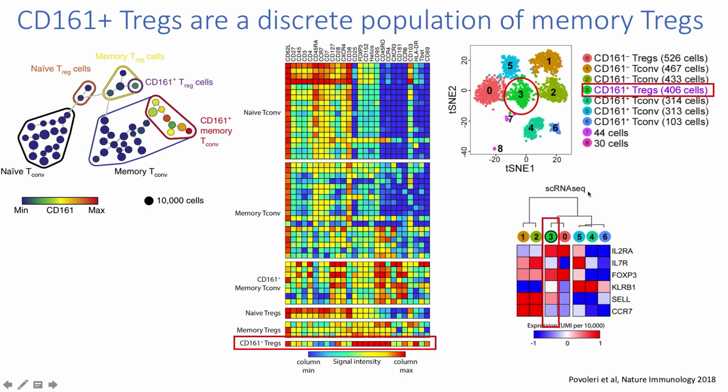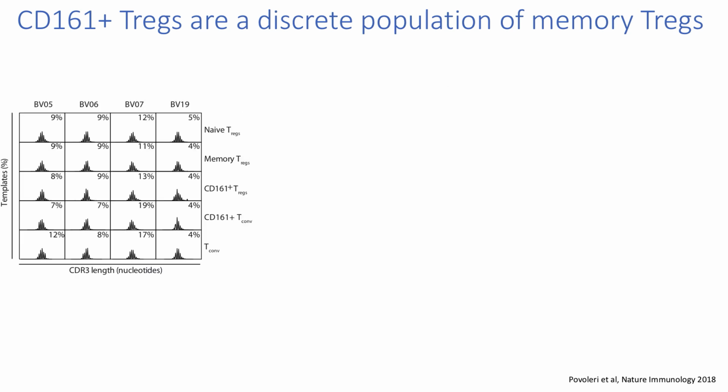However, to determine whether there was any overlap between CD161 expressing Tregs and conventional T cells or T effectors, we performed TCR sequencing.